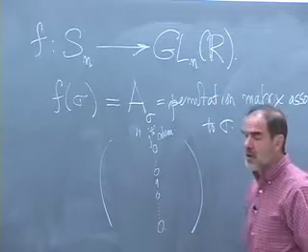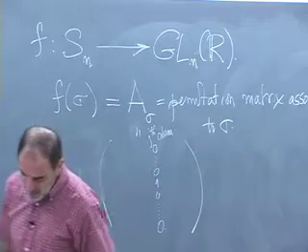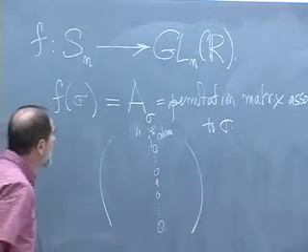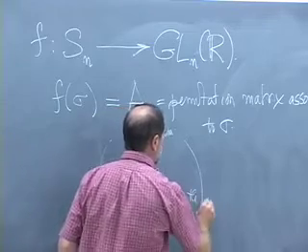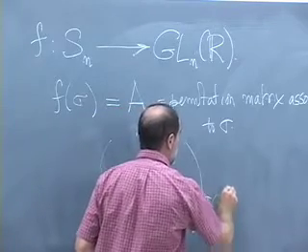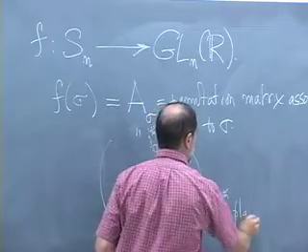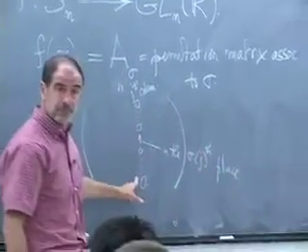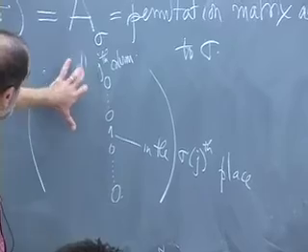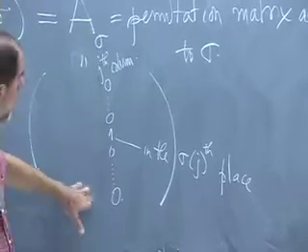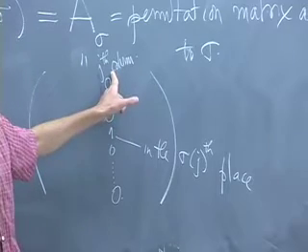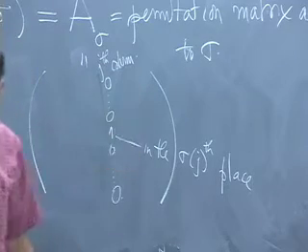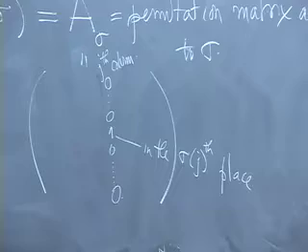And the 1 occurs in the place that sigma takes j to. So this occurs in the sigma of jth place in this vector. So each column is all zeros and 1, 1. And the 1 tells you where the permutation takes j. I'm going to do an example so you see this, because in this notation it can be a little confusing.